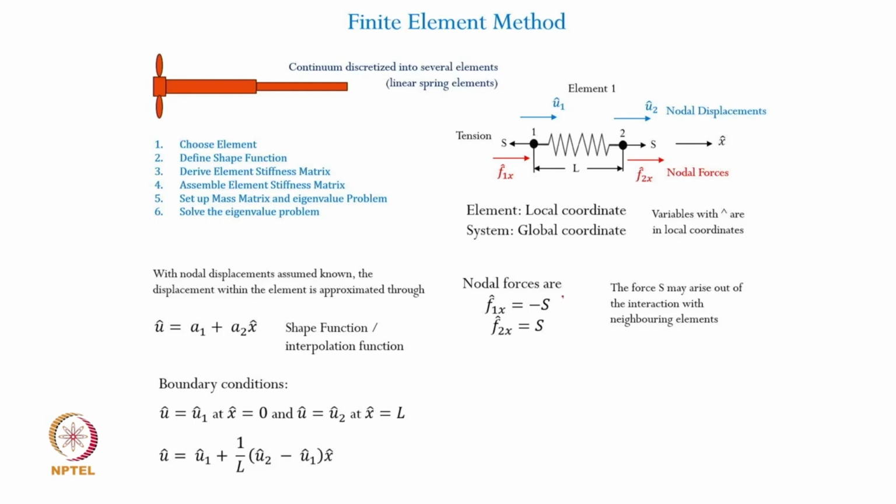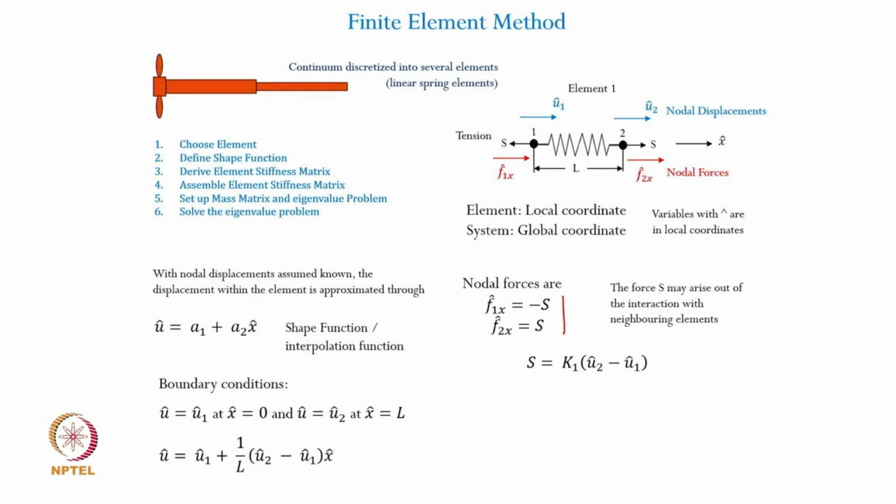These can be written as minus S and plus S, as you can expect here if the element is assumed to be under tension. With this done, we can now express the relationship between S and the two nodal displacements, which is quite straightforward.